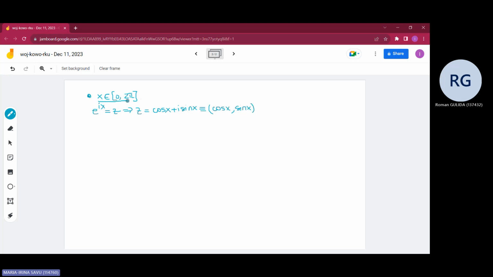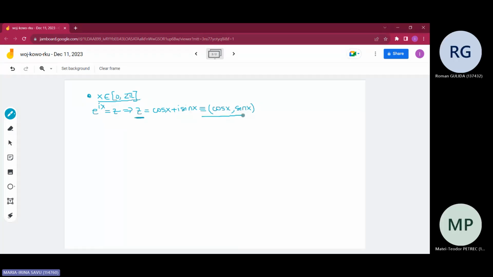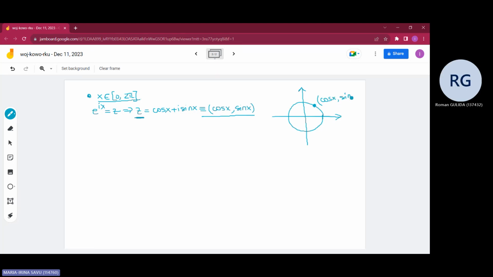So when x goes from 0 to 2 pi, z will be all the points with the coordinates cosine of x, sine of x. So z will cover the entire trigonometric circle, because you know that on the circle, all the points have the coordinates cosine of x and sine of x, where x is the angle. So the radius will be 1, and the center is 0.